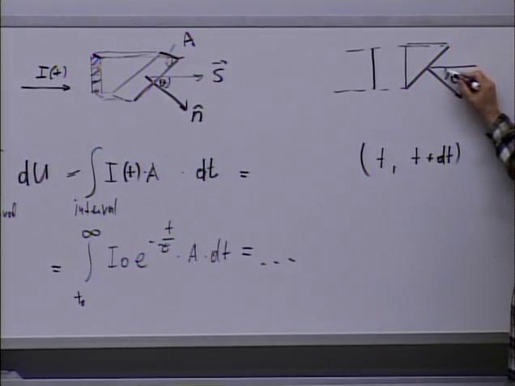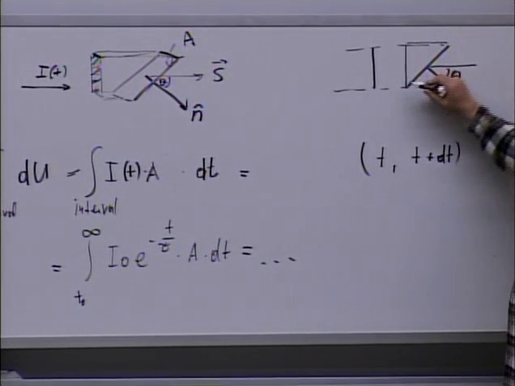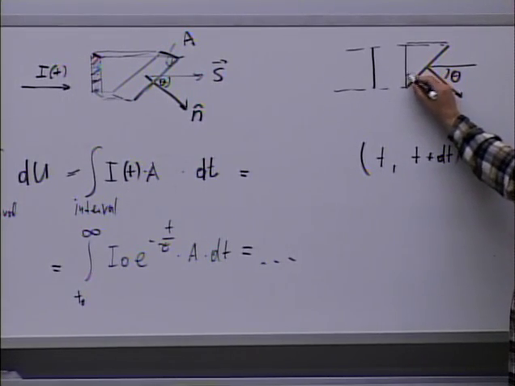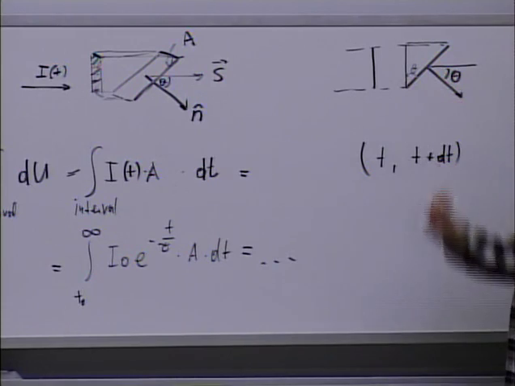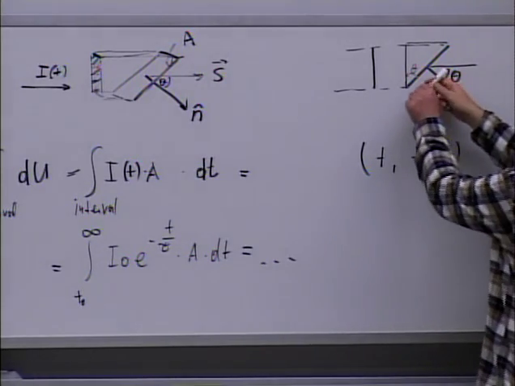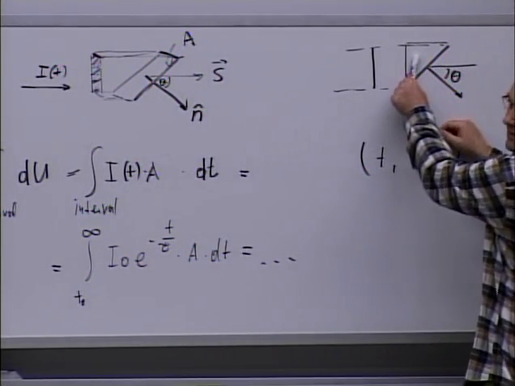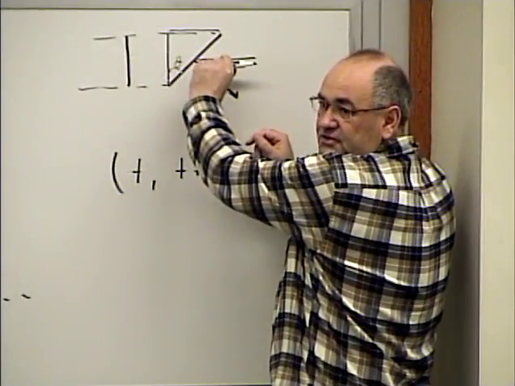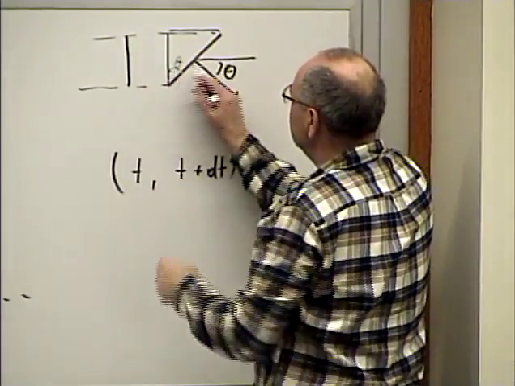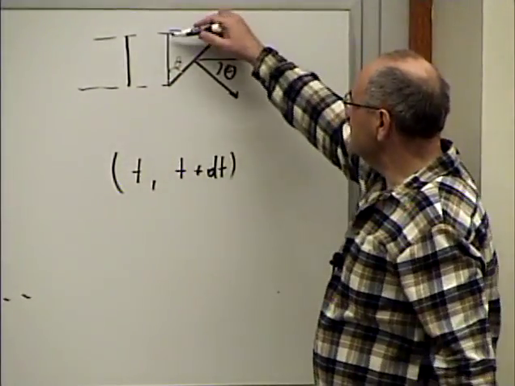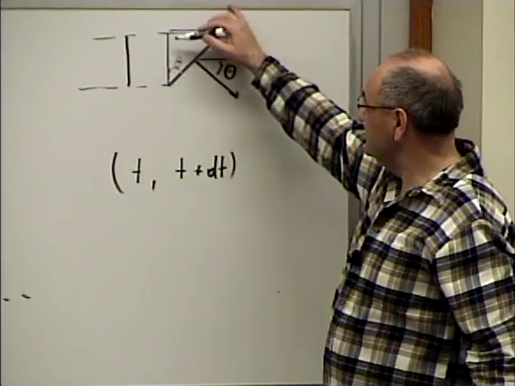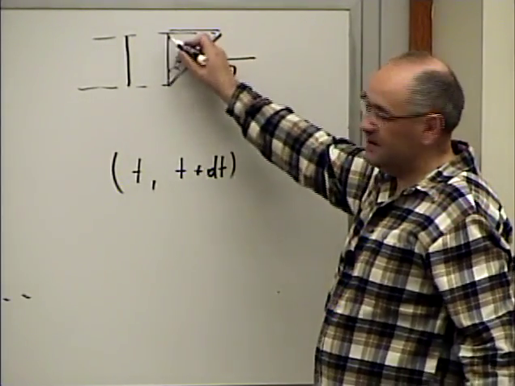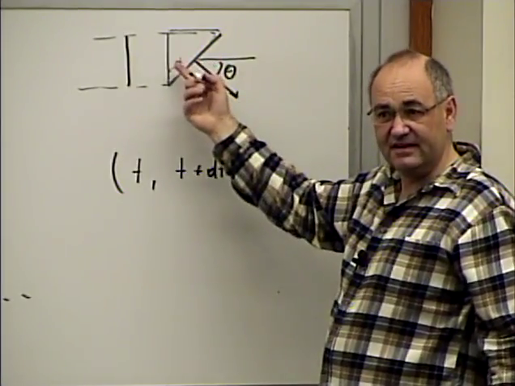If angle theta is here, one of those is theta. Which one? This one. This one is also theta. Think about it. What will happen if I make it smaller and smaller? If I make this smaller, this angle also is going to get smaller and smaller. So these two angles are equal. Now I think you can recognize what is the length of this side. How big is this side? Well, it's this side multiplied by cosine of angle theta.